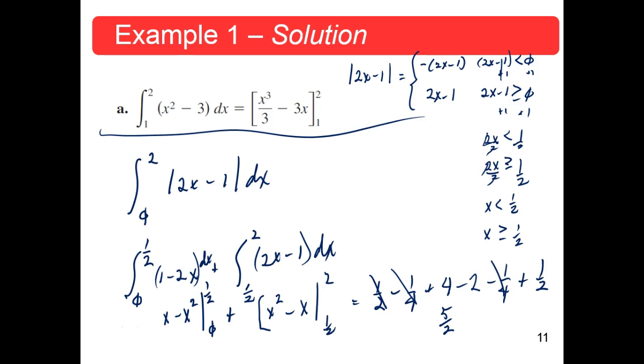When you plug in a 0, that would give you a negative 1. You have to evaluate the whole thing, and that's why I went through that whole process there. And you see your actual limits are from x less than 1/2, that's going to be your minus part, and from 1/2 on up is going to be the positive part.